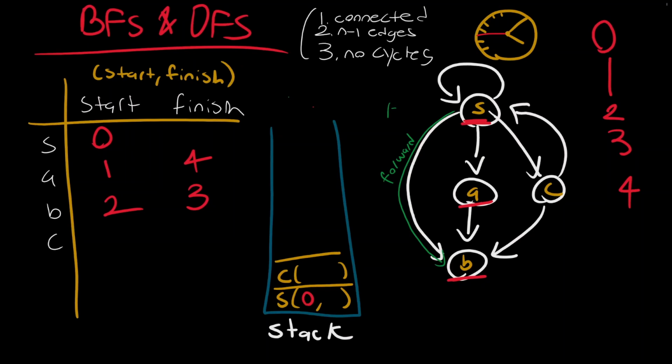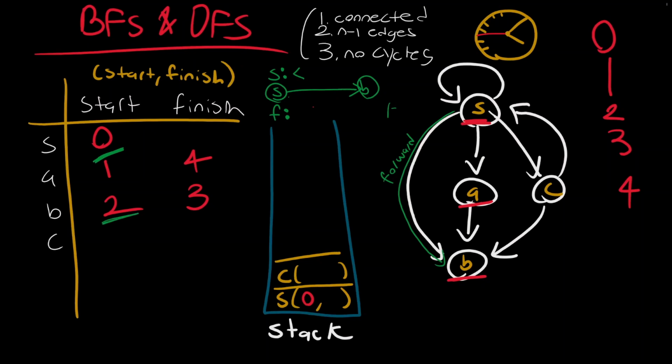And we can classify this by saying this S going to B. So this edge right here, when S is going to B, we say this is the start time and this is the finish time here at the bottom. The start time of S is less than B.